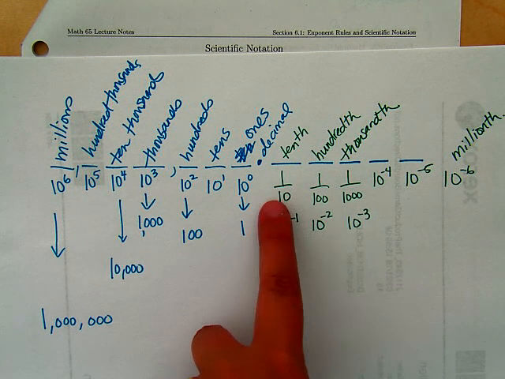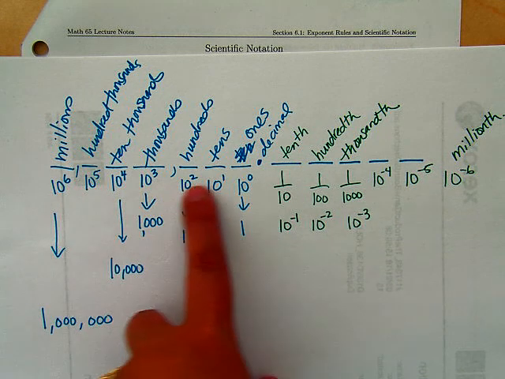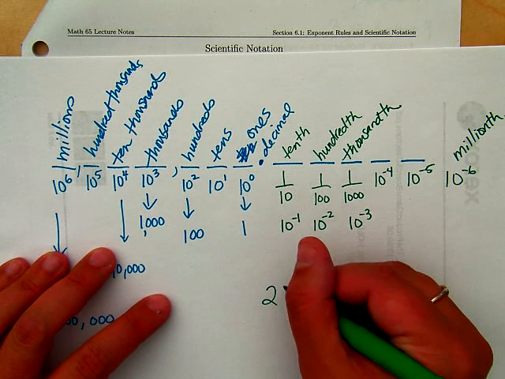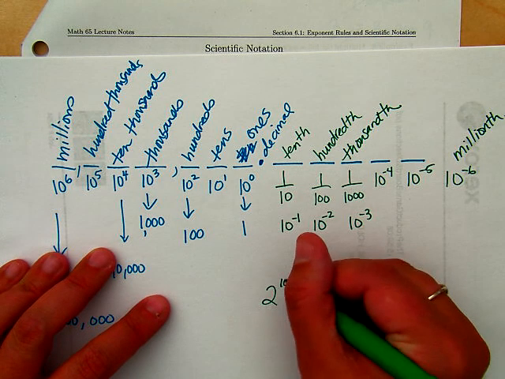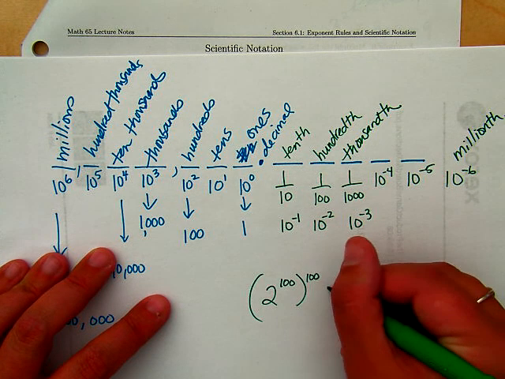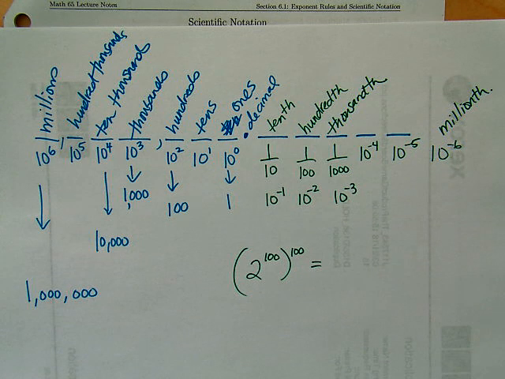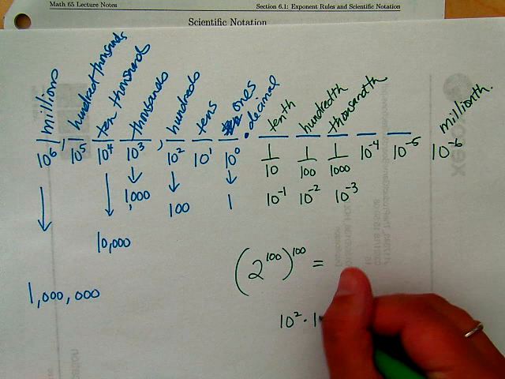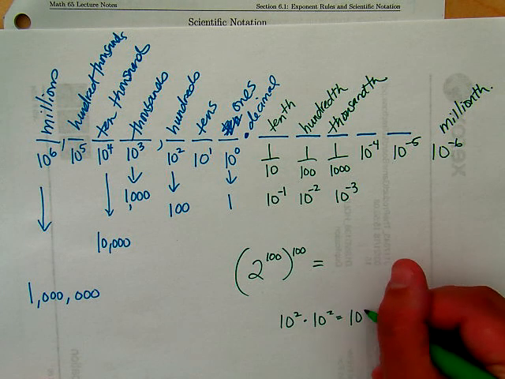Your really big numbers are going to have very big exponents, okay? Remember when I was doing a problem something like 2 to the 100th power to the 100th power. What would that be? 100 times 100 is like 10 squared times 10 squared, which is 10 to the 4th.